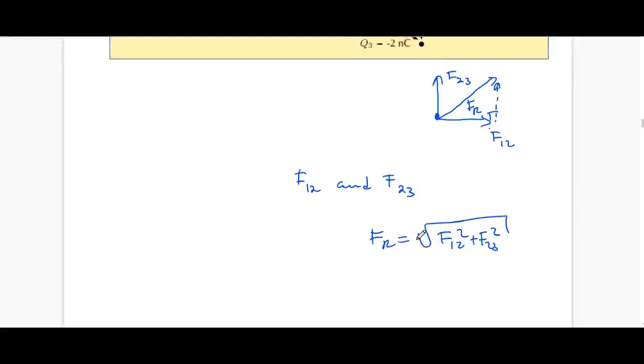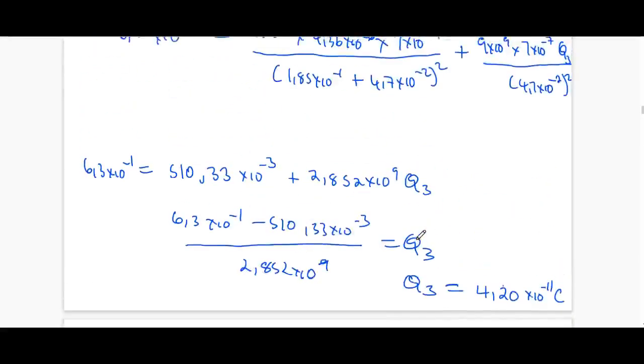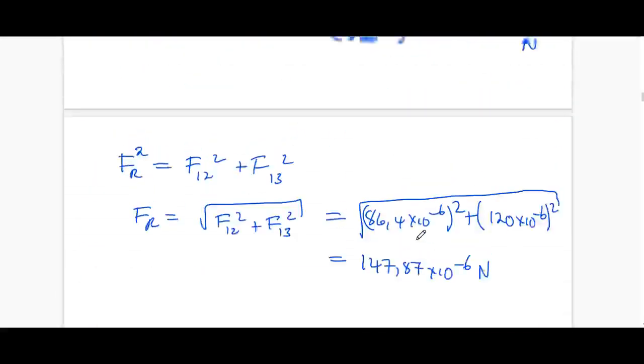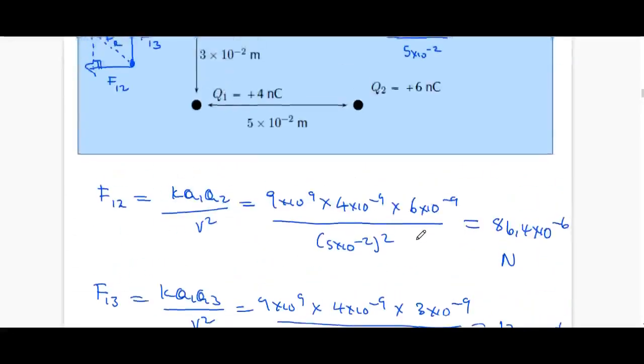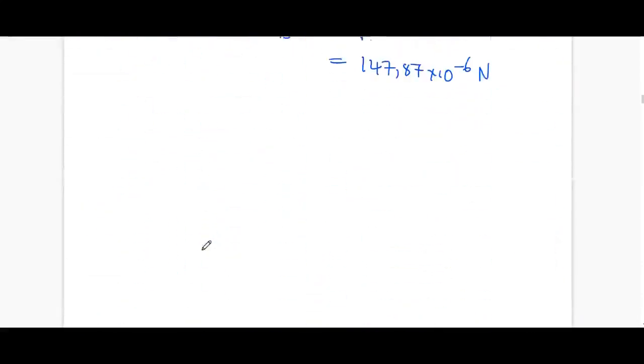And if you are also asked for a direction, what do you do? There's a problem that we should have calculated direction for. What is the electrostatic force on Q1 due to the other charges if they are arranged as shown? Here we were supposed to find direction as well.